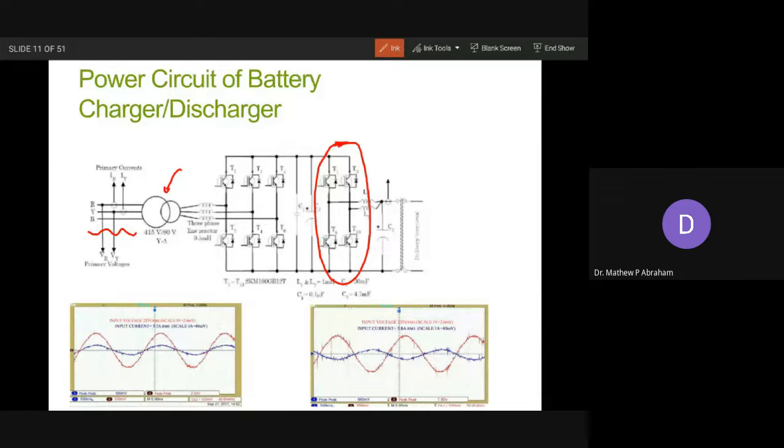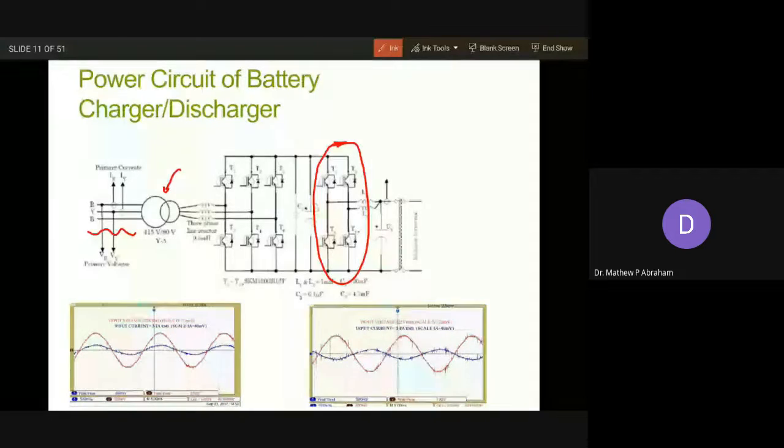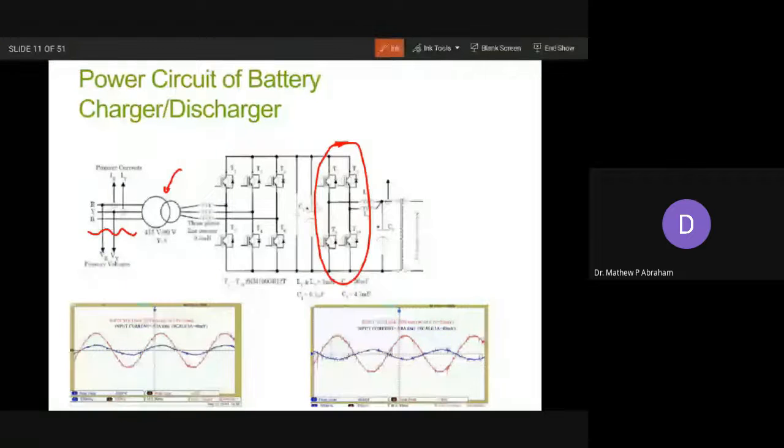In MPPT, the voltage at the solar terminals will be constantly changing. So in order to make it constant voltage, we will be putting a boost converter also, right? So the battery discharger setup is nothing but equivalent to a solar based grid connected inverter.